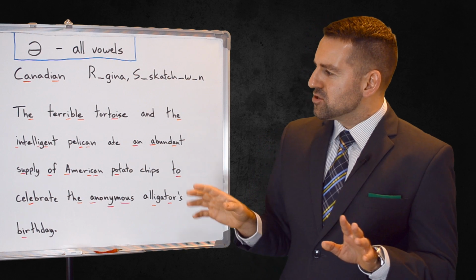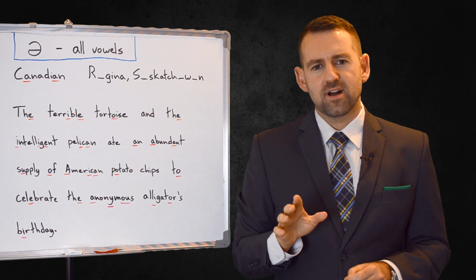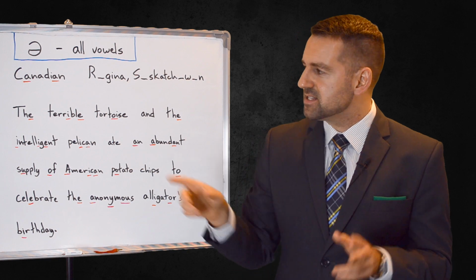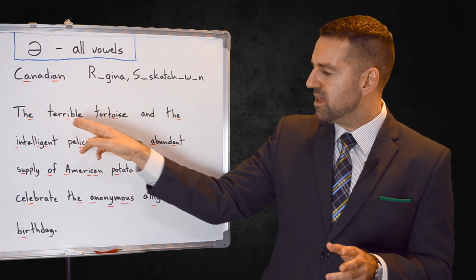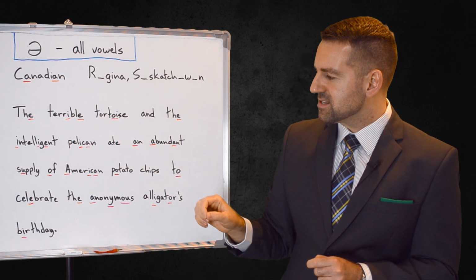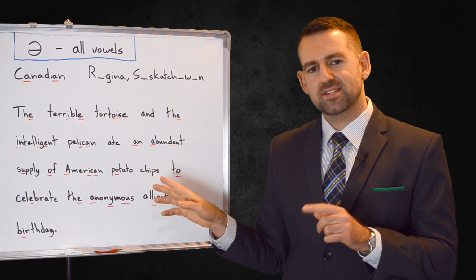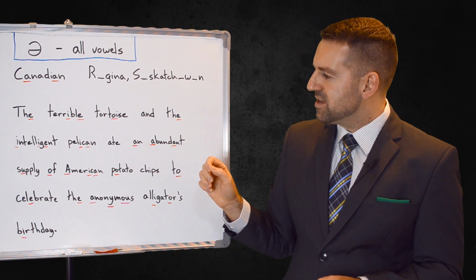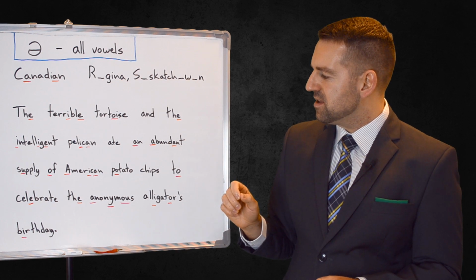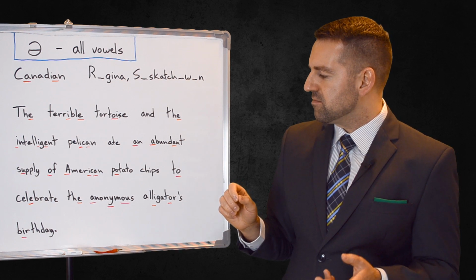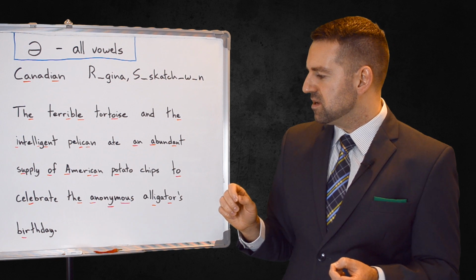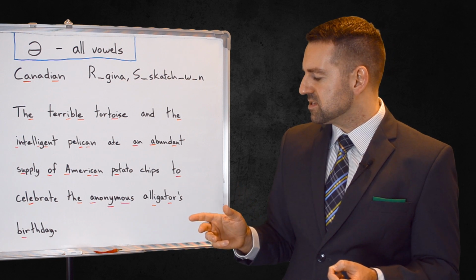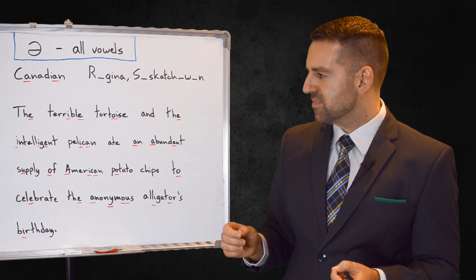So to show you how frequently this sound is used, I've written this sentence. All right, so let's read this sentence together. The terrible tortoise and the intelligent pelican ate an abundant supply of American potato chips to celebrate the anonymous alligator's birthday.